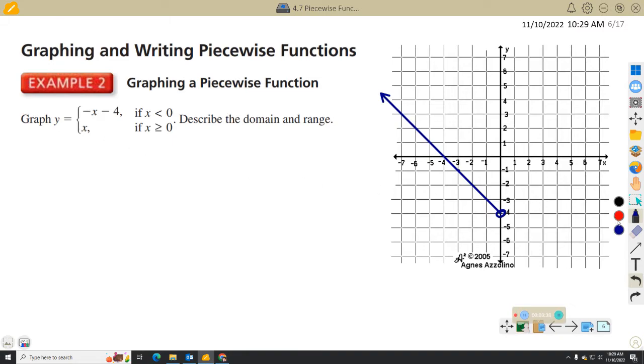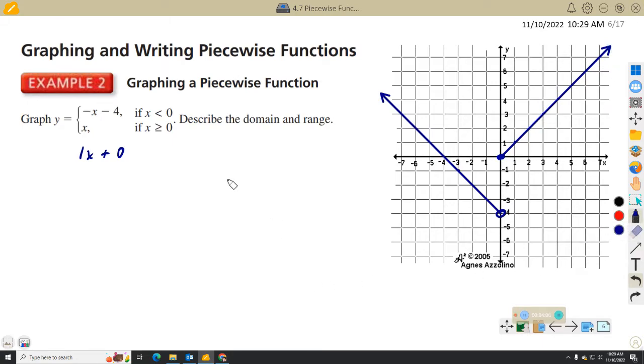And then the second part of the graph is just x, so slope of 1, y-intercept of 0, right? 1x plus 0, if x is greater than or equal to 0. So our y-intercept is 0, and we're going to use a solid dot here because of the equal bar there. A slope of 1 takes us up like that. So this should go something like this.